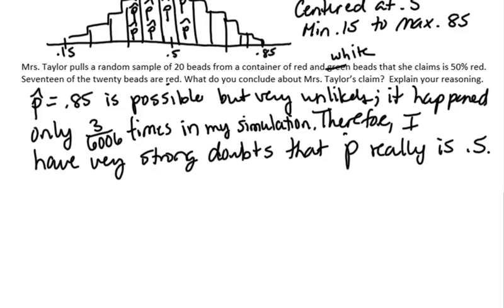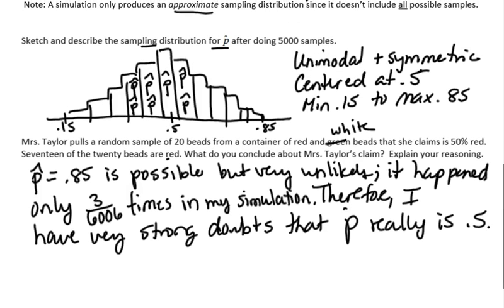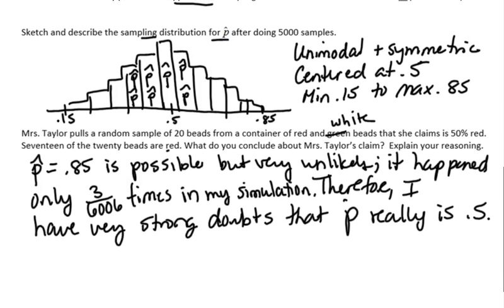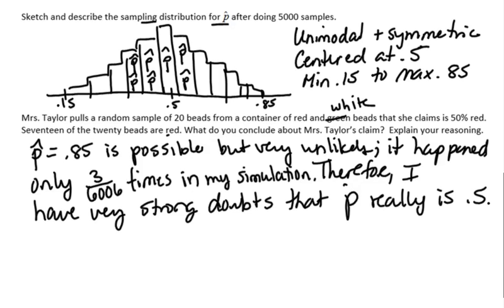In statistics, we're actually really happy when something is unusually low. When there's a very low probability of something happening, then we can actually make a decision. I could say, I don't think it's 50%.